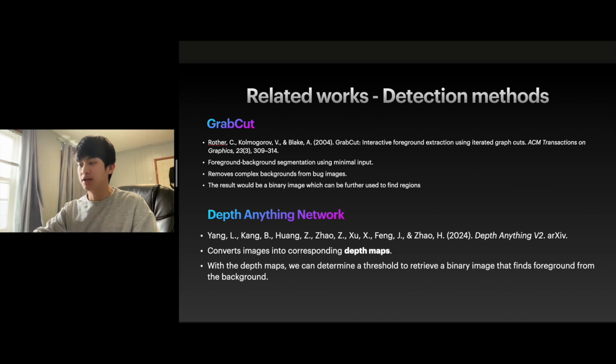We use a Gaussian mixture model to estimate the foreground and background color distributions. Then we apply GraphCut optimization to separate the object from the background, and with this, we get a binary image as a result.